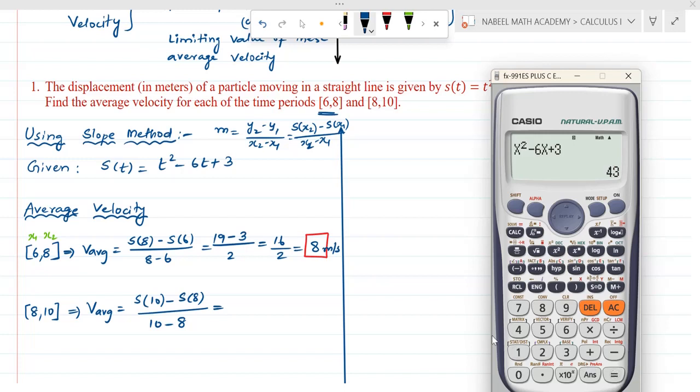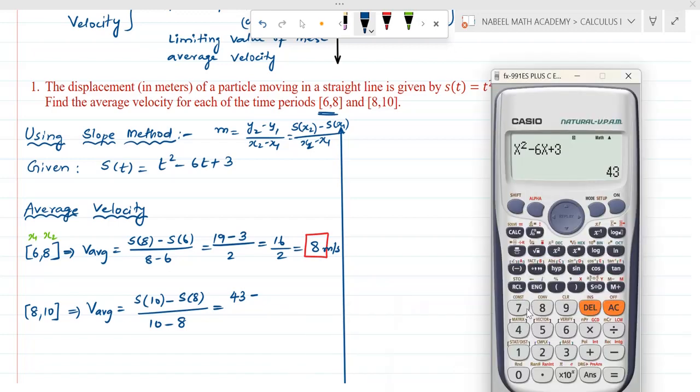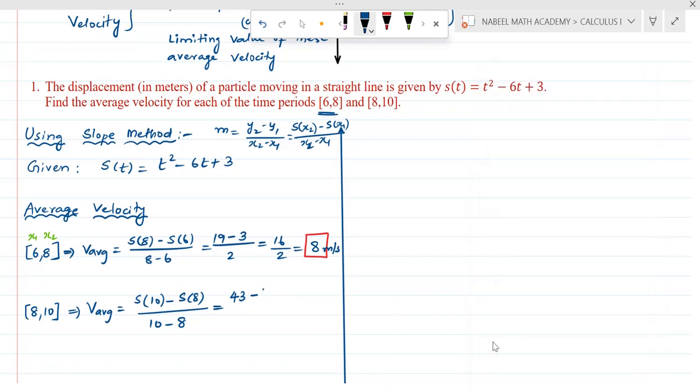CALC 10 gives 43. Next, CALC, give the value 8, and you get 19, over 2. If you simplify, 24 over 2 is equal to 12 meters per second. So this is my average velocity for the interval 8, 10.